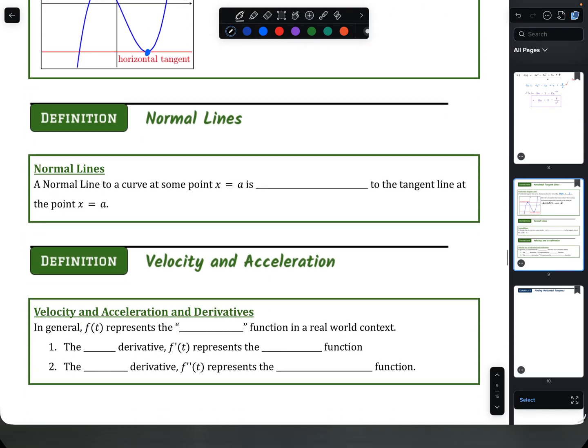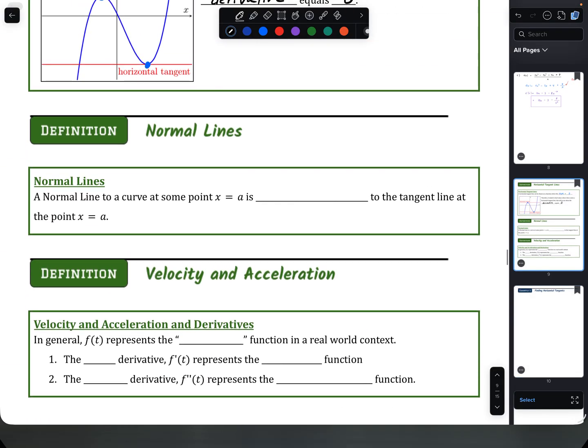Next idea, normal lines. So a normal line to a curve at some point x is perpendicular to the tangent line. So remember, the tangent line is y minus y1 is equal to m times x minus x1.